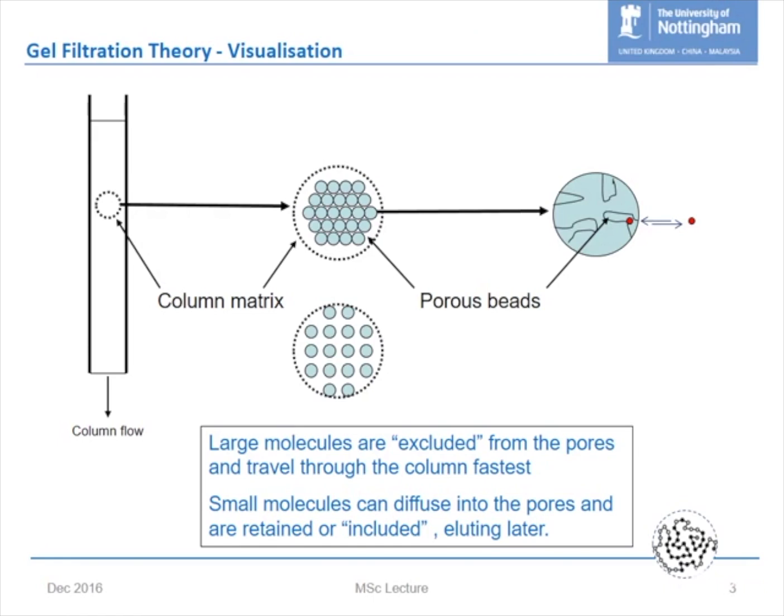So the smaller the particle, the more efficient the interaction with the pores, and the greater the resolution we can get in separating molecules. The problem is, the smaller the particle, the smaller the channel between them, the higher the pressure you need to use. We've got a couple of different types of chromatography, and a couple of different columns down here. I'll talk about those in a while, but basically the difference between them is particle size.